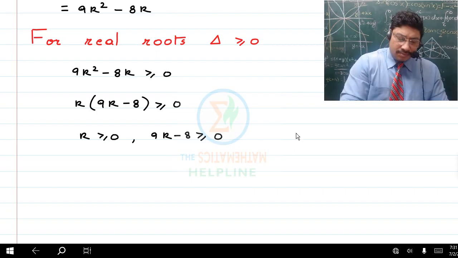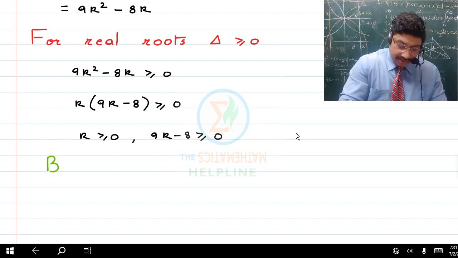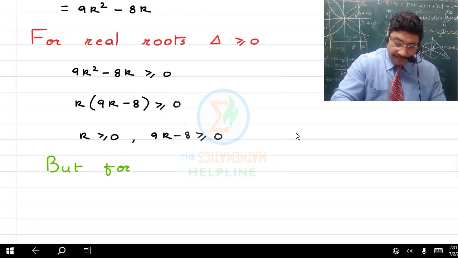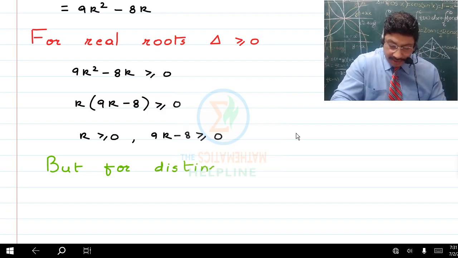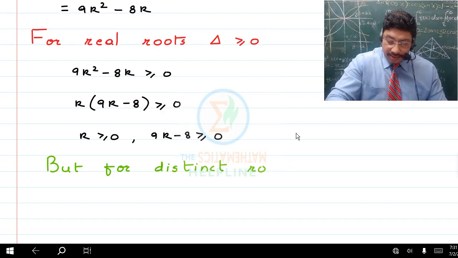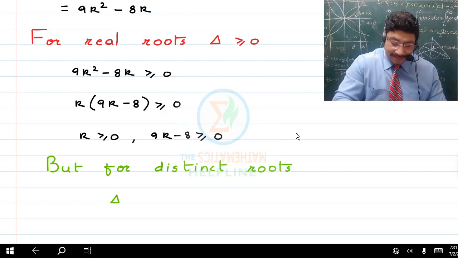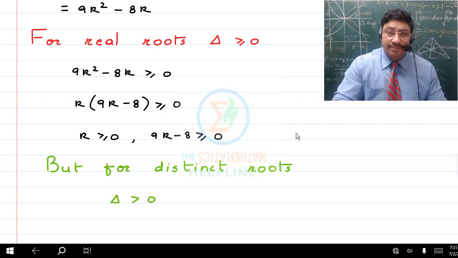So here, children, we will now change this a little. You will say, for distinct roots, what do you require? You require delta to be just greater than 0.